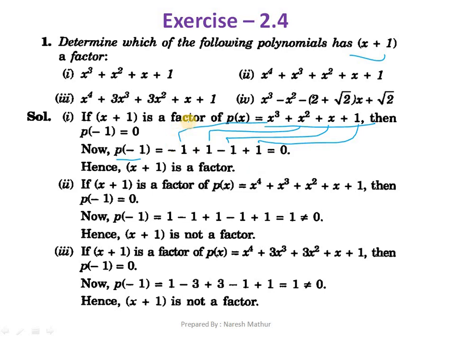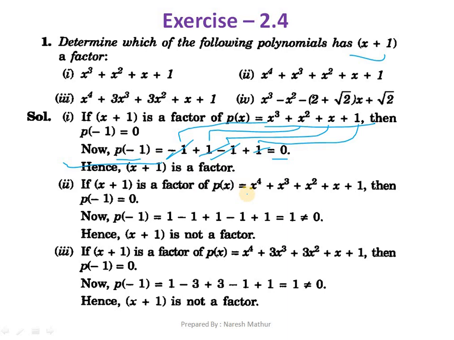So at the end we can cut this minus 1 and plus 1, and this minus 1 and plus 1. So at the end we are getting 0. So we can say yes, hence x plus 1 is a factor of the given polynomial.